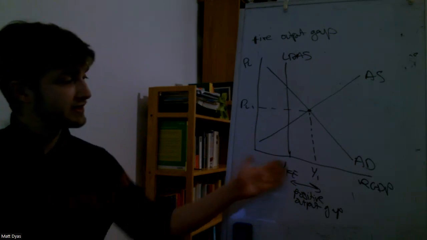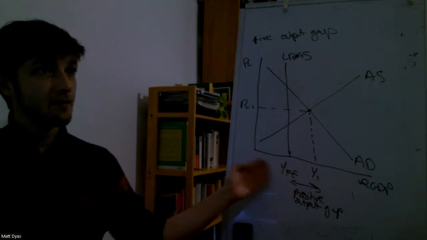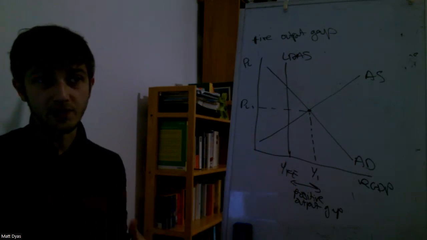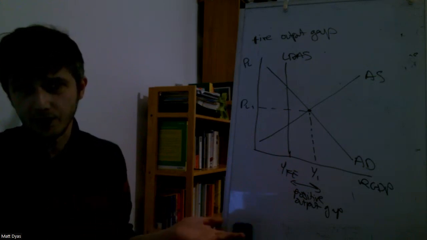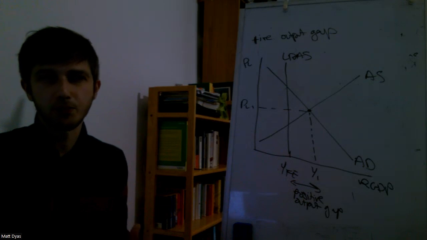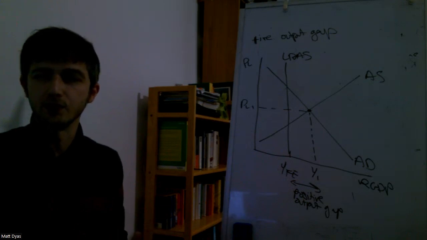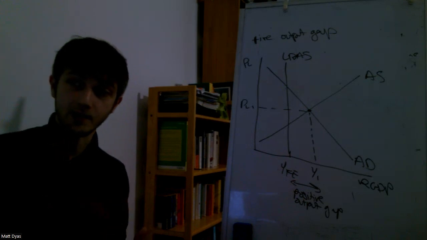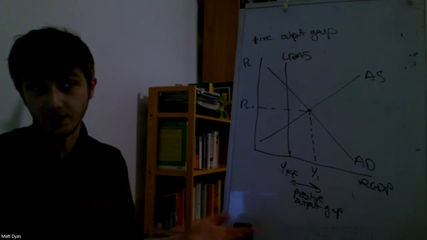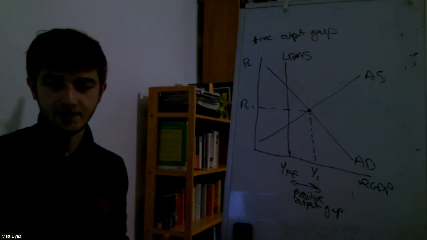That will get you higher than your efficient potential, but it's not going to be sustainable because you will burn out the workers. The technical term would be depreciate. If you overuse your factors of production, you will actually cause depreciation in the value or the productivity of those factors of production. So that's the essential theory here.